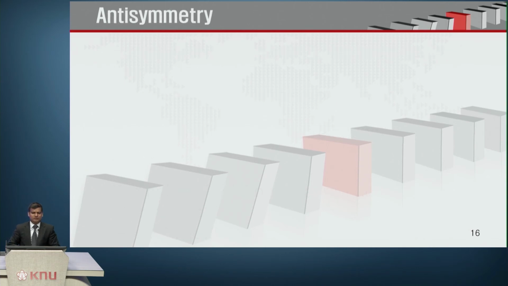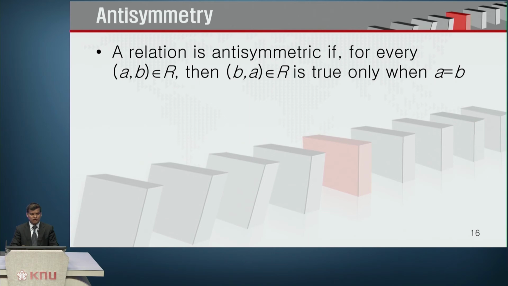Antisymmetry. As we can see here, antisymmetry is a little different from both symmetry and asymmetry, and it is not the opposite of symmetry. A relation is antisymmetric if for every (a, b) that is an element of R, then (b, a) is also an element of R only when a equals b.